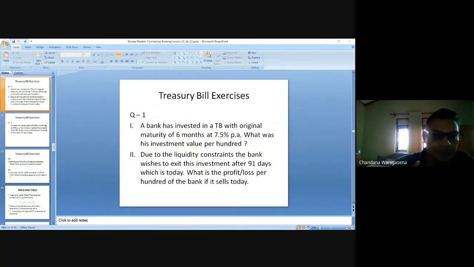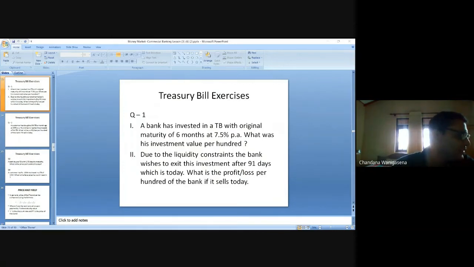P is what we are trying to find. In the first case, we try to calculate the original price, right? P is equal to 100, so then you have to put everything as the denominator under that.